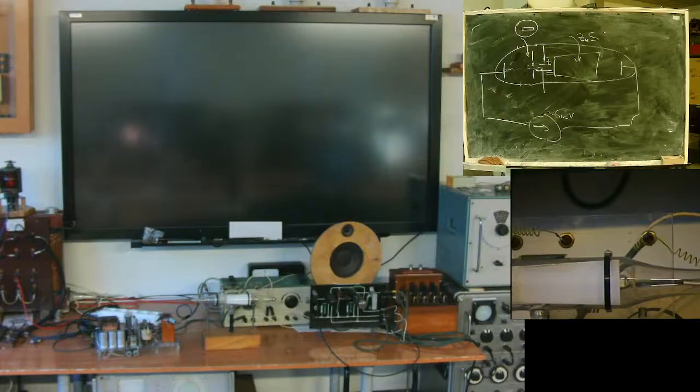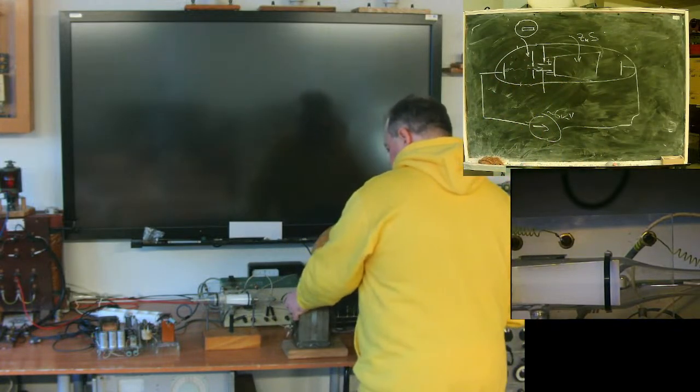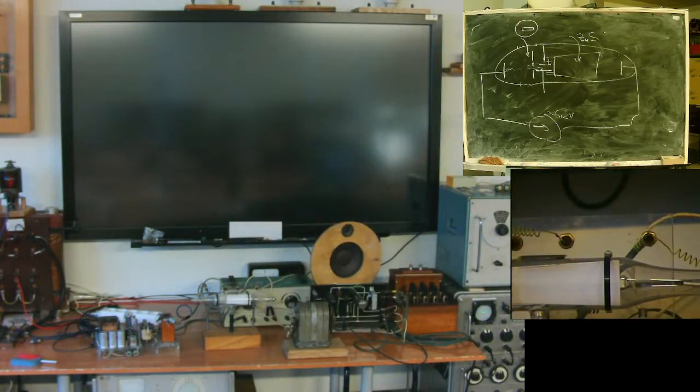What does physics teach us about electrons? What charge do they have? Negative, yeah? And negative charge will be attracted by the positive plate and pushed away by the negative.